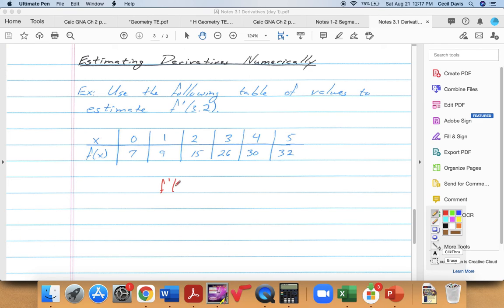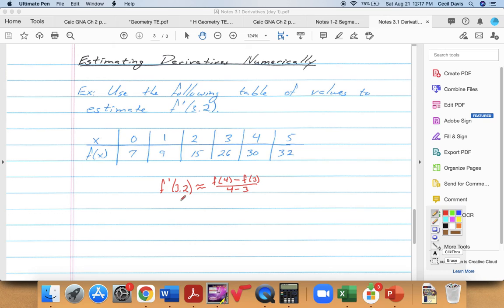So f prime at 3.2 is going to be approximately equal to f of 4 minus f of 3 over 4 minus 3. You might recognize that as the average rate of change. The average rate of change between 3 and 4 is going to be some number.